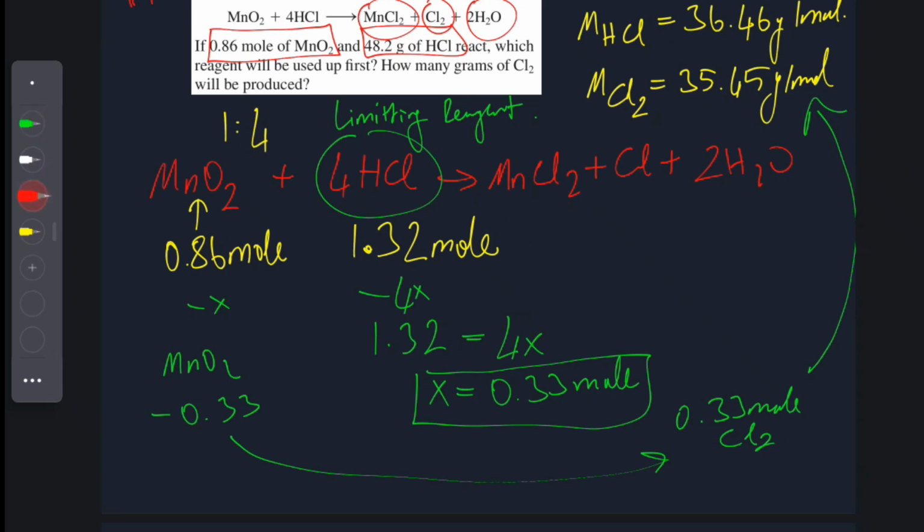And if we want to convert it to grams, we will just multiply it with its molar mass. So this is mole. Maybe I should write it again. So it will go, moles will cancel each other, and the mass of the Cl2 gas will be about 12 grams.